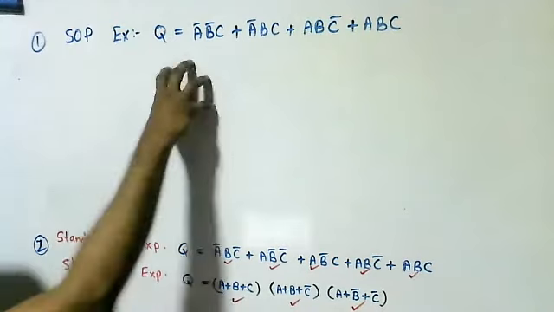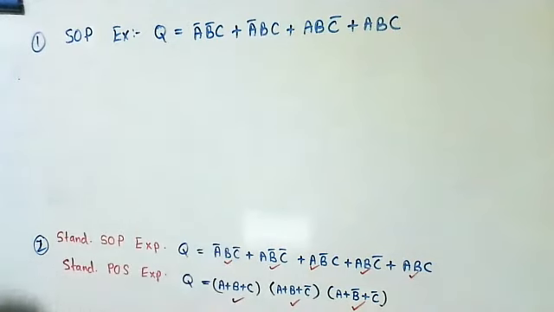So here we have to simplify this using Boolean algebra laws. First one I'll explain, the second one you have to do. Most probably in Boolean algebra laws, I told you several times, De Morgan's law, distributive law and identity law are the frequently used laws.